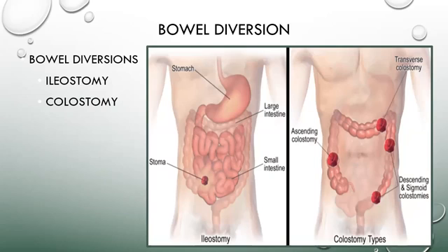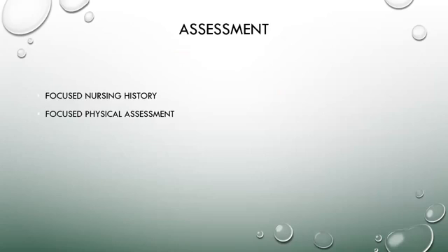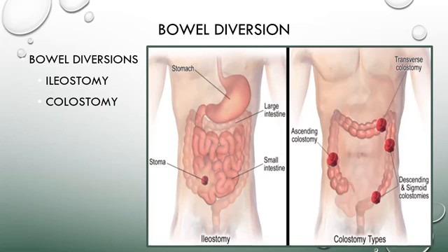A client with a bowel diversion does not eliminate waste via the anus, okay? Output, or fecal material, which they call effluent, is expelled through a surgically created opening in the abdominal wall called a stoma or an ostomy. In the same way, a surgically created opening is called a stoma, okay, or an ostomy.